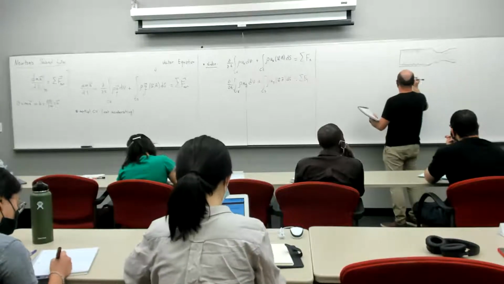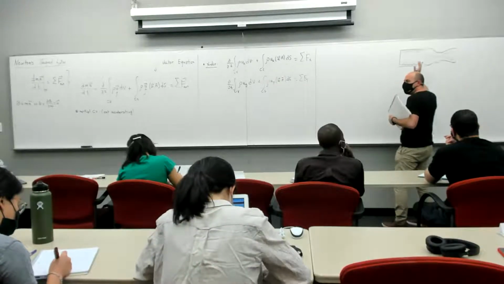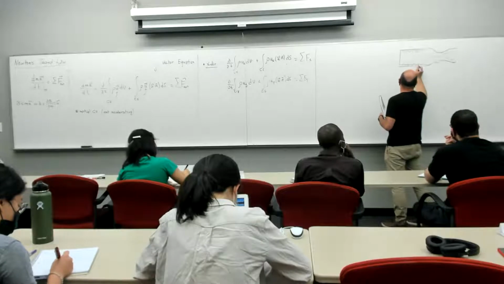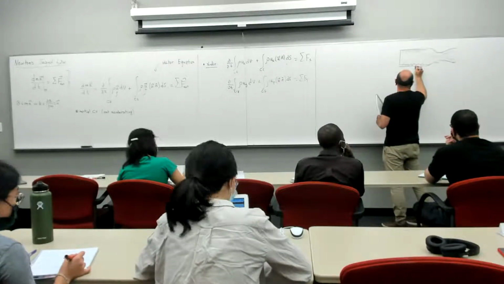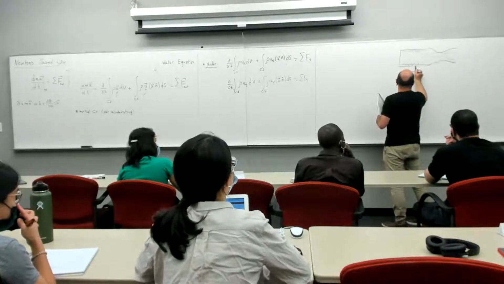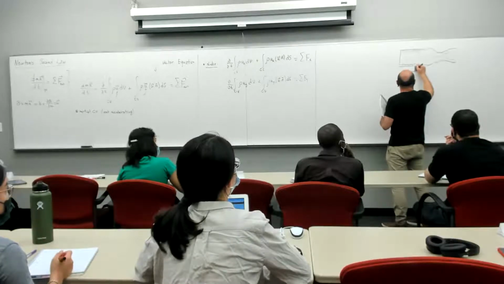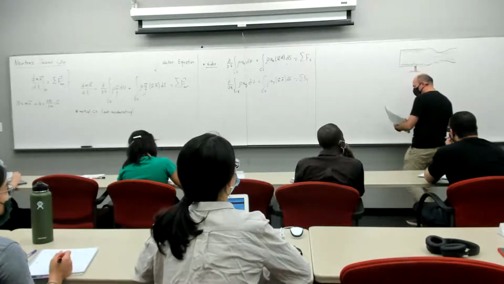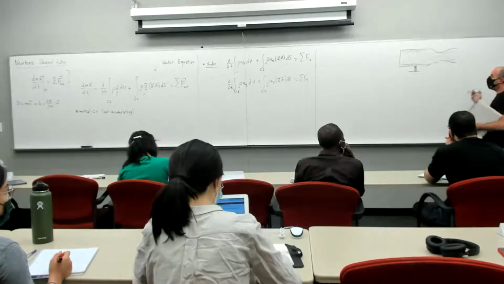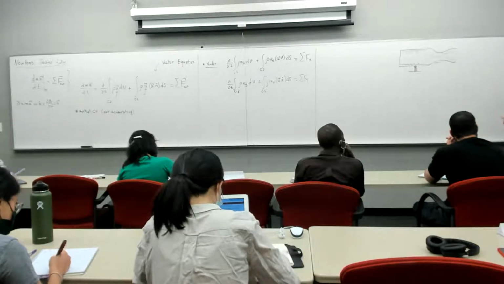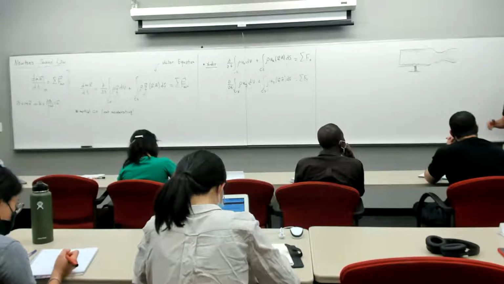So now to avoid the issue of an accelerating rocket motor, we're going to anchor it to the ground. It doesn't move. And the objective is to find the thrust force created by this engine.